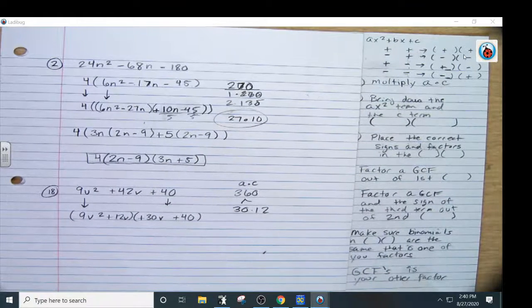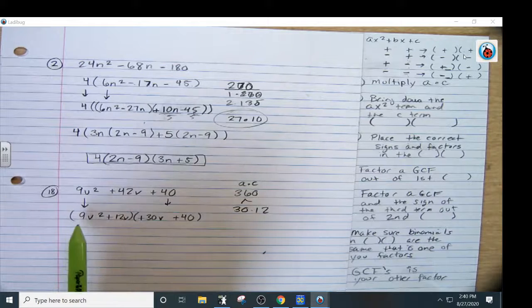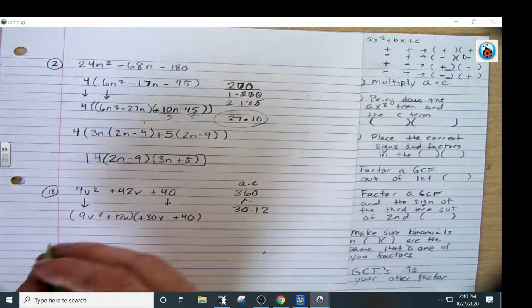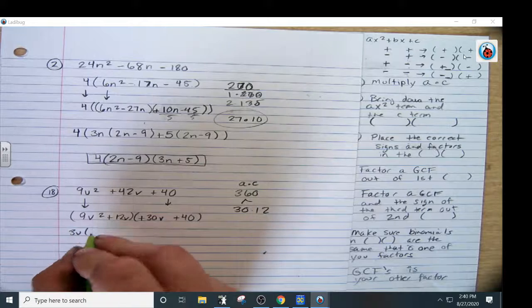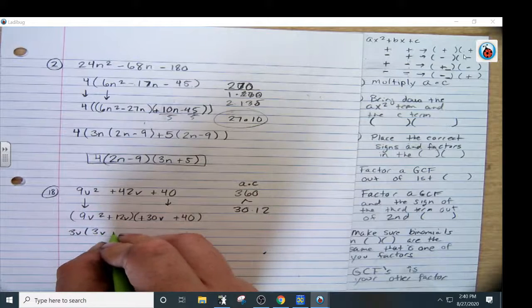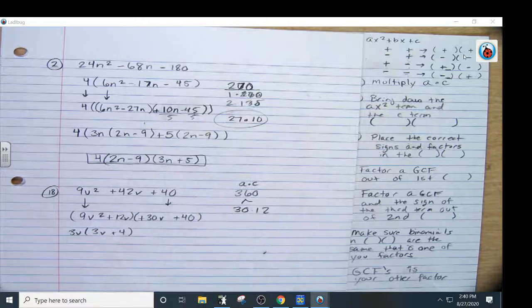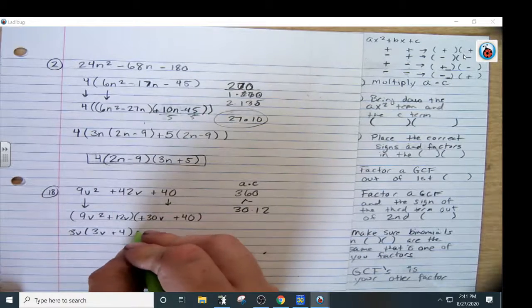Okay? What's the GCF here, guys? Anybody know? 3b. Good, good. 3b plus 4. Okay? Now, on the second one, guys, don't forget to factor out that sign of the third term.